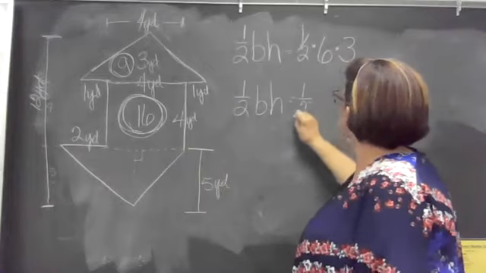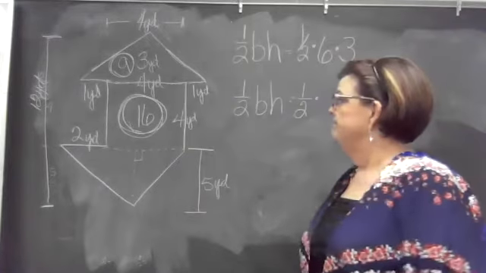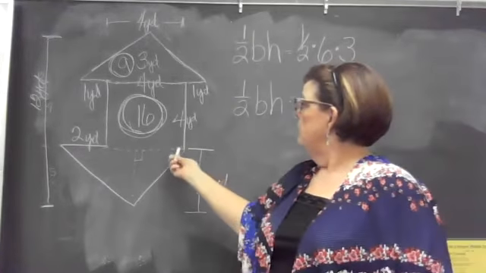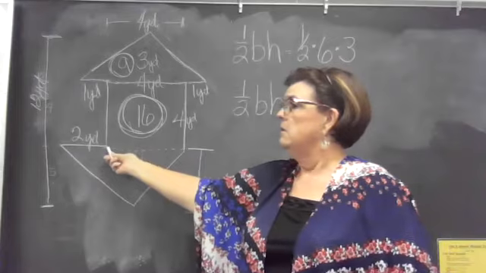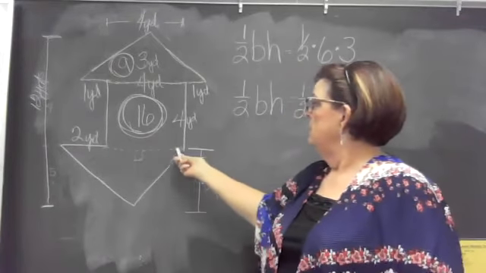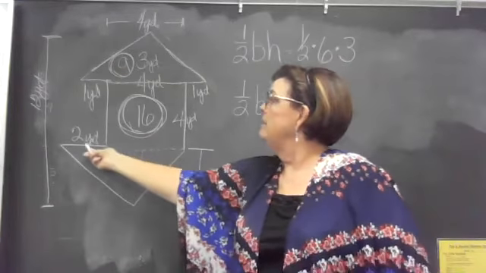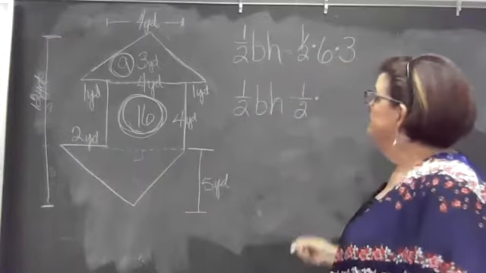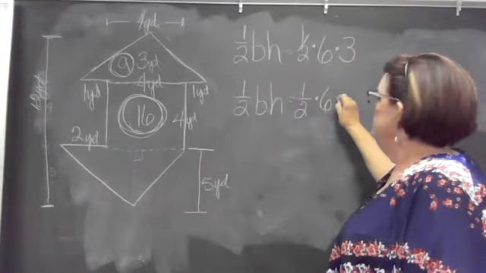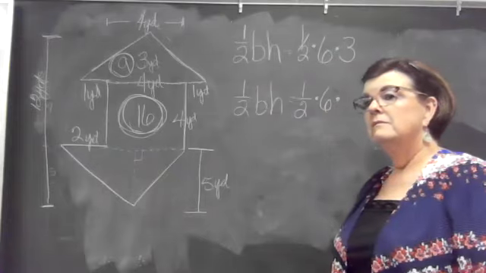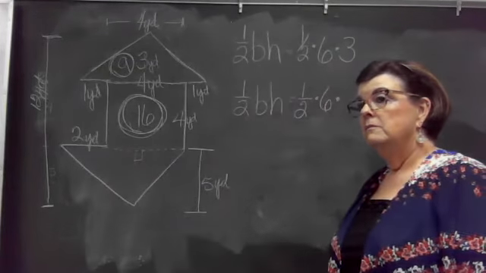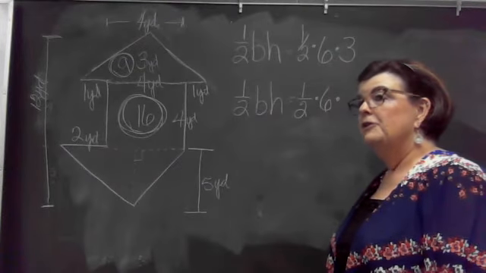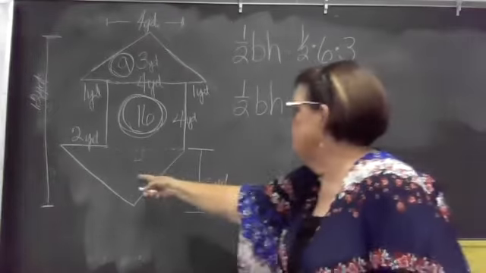What's the base? How far is it here? 4 and 6. 6. Good. Times the height. The height is 5. Good. Right here's 5, so that's 5.